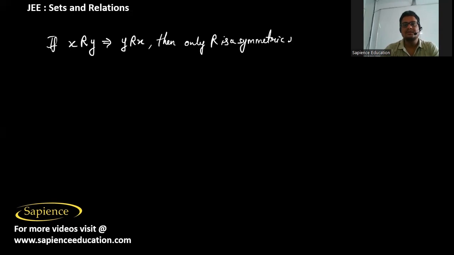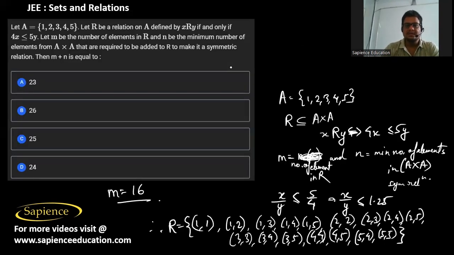Here, 1 comma 2 is there, but 2 comma 1 is not there. 1 comma 3 is there, but 3 comma 1 is not there. 1 comma 4 is there, but 4 comma 1 is not there. 1 comma 5 is there, but 5 comma 1 is not there. 2 comma 3 is there, but 3 comma 2 is not there.